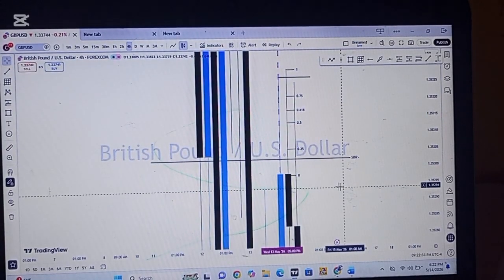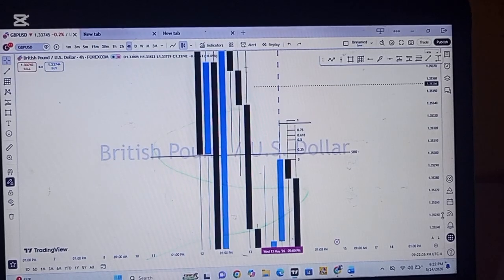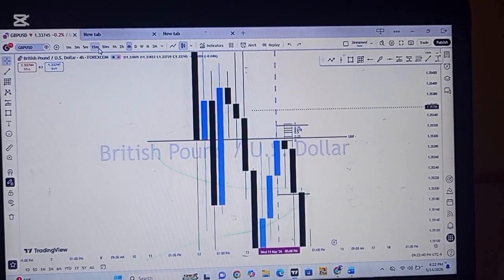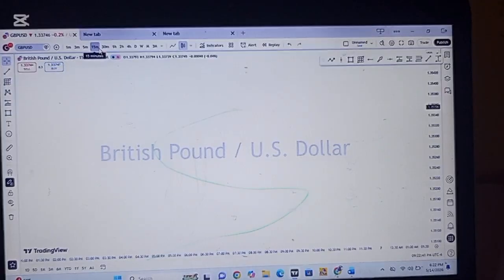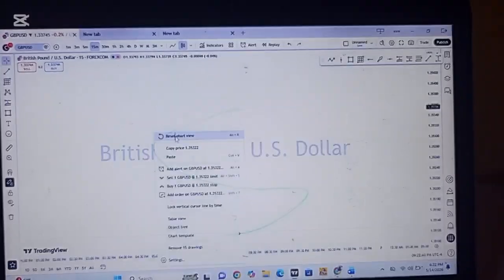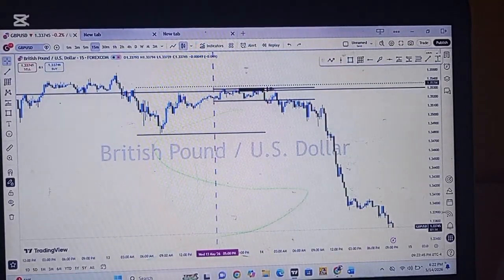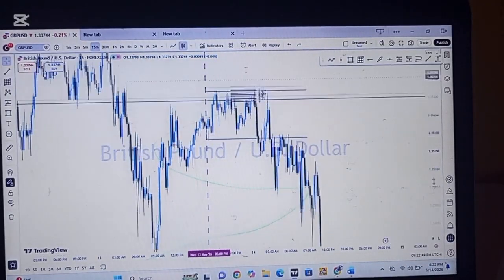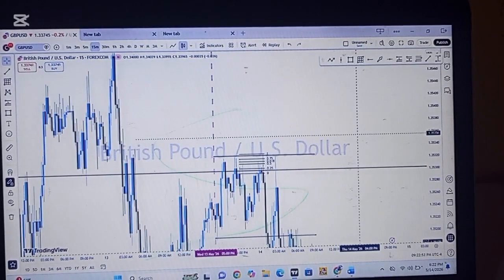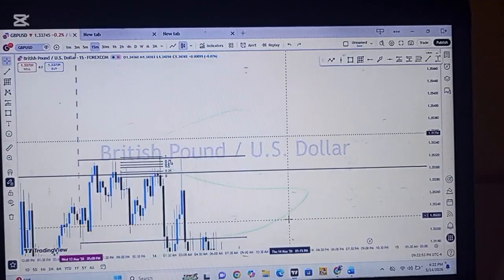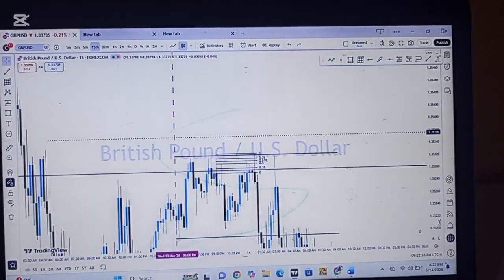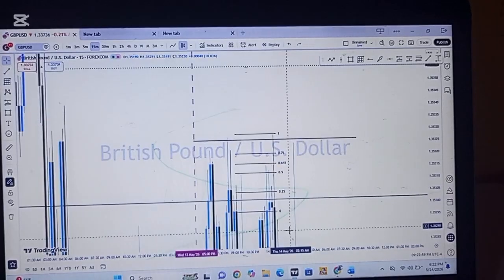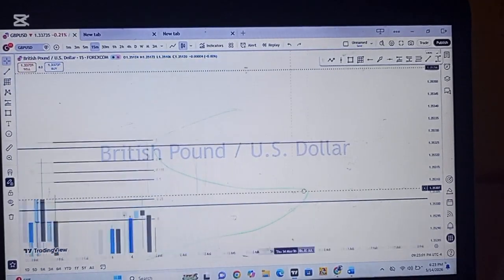So when you get a CRT on the 4 hour, you'll go to the 15 minutes. For the 15 minutes, you'll check the sweep of liquidity. You can see how that trade was very beautiful. Are all confluences aligned? If all confluences are aligned, swing highs have been taken.